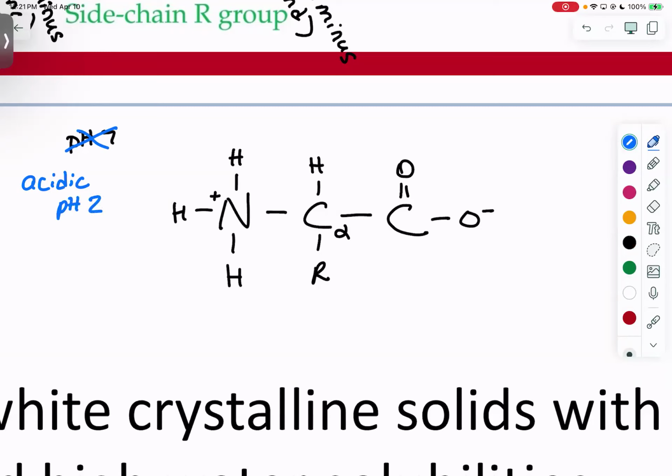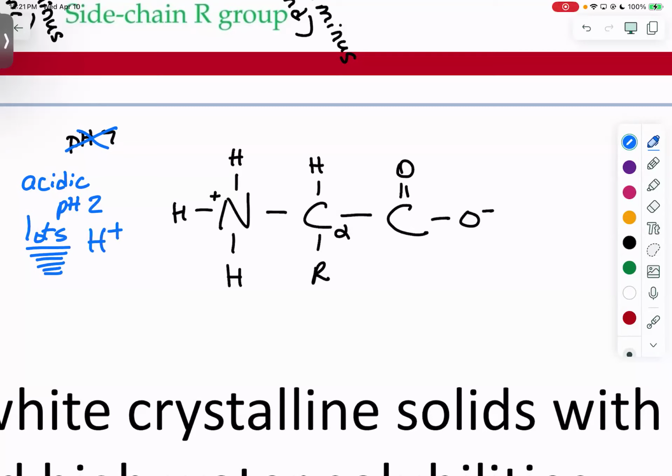What's going to happen? If I'm in an acidic environment, do I have a lot of H plus or a lot of OH minus? OH is basic. So a lot of H plus. So I have lots and lots of H plus.